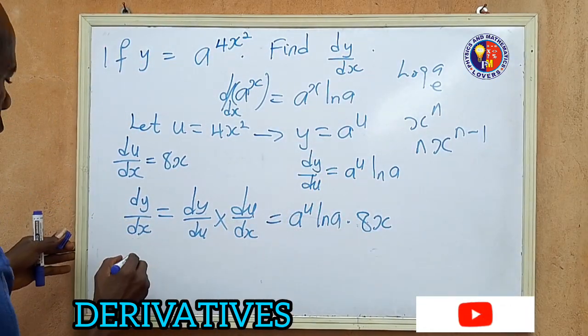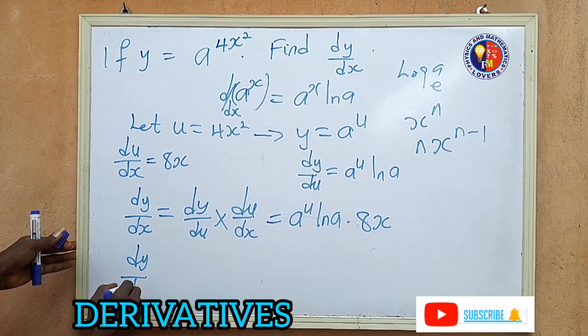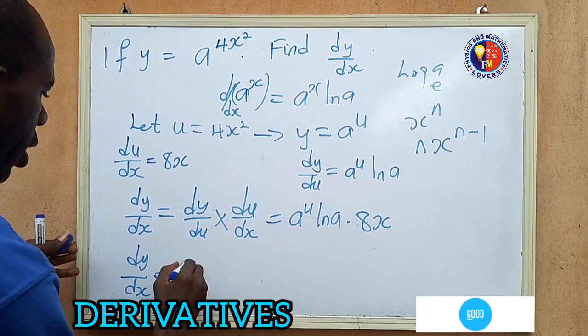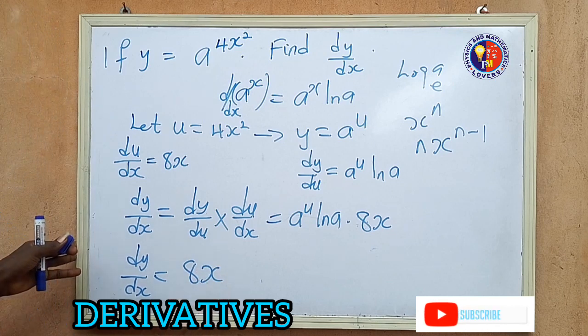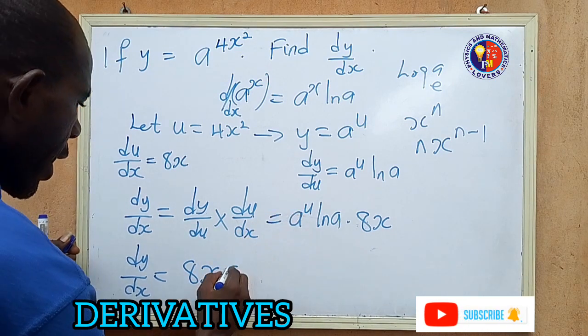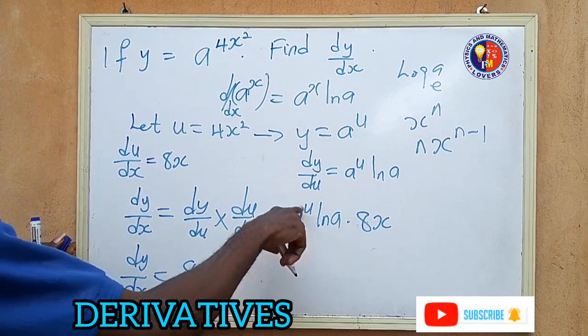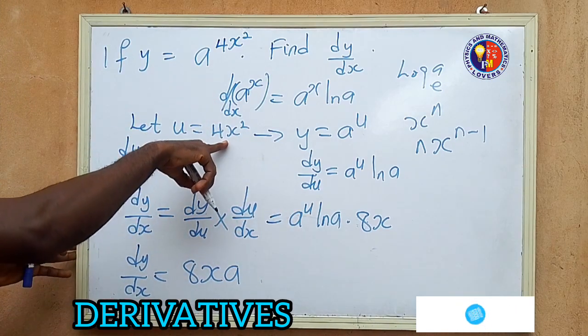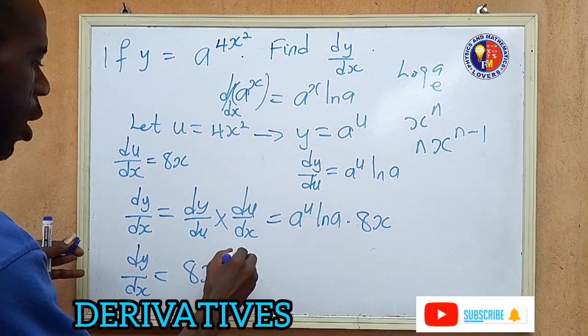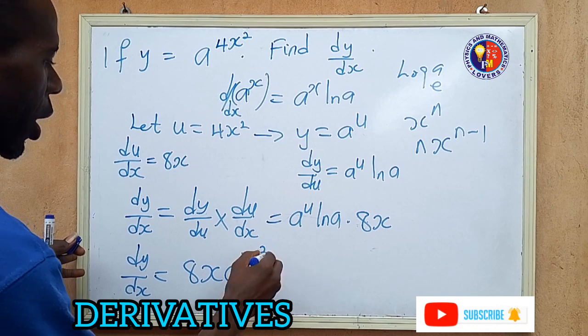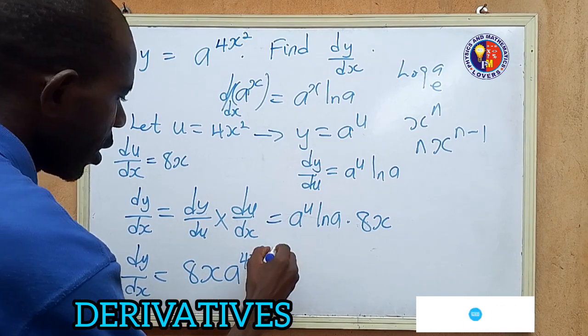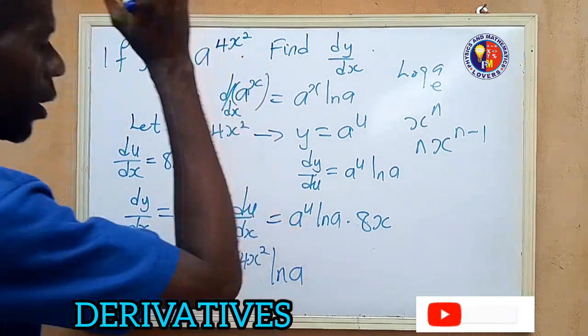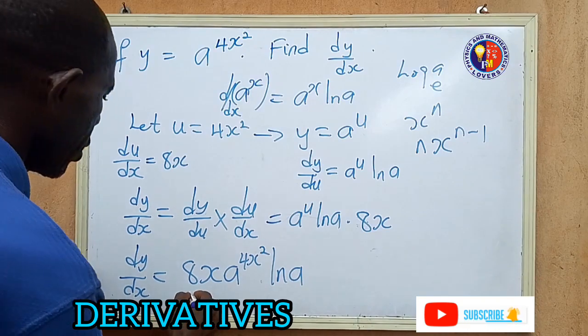Therefore our final answer, dy/dx, will be equal to 8x, a raised to the power 4x squared, then ln a. So that is our final answer.